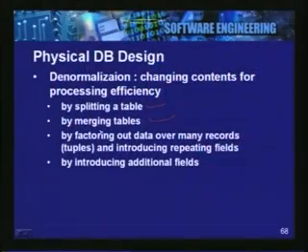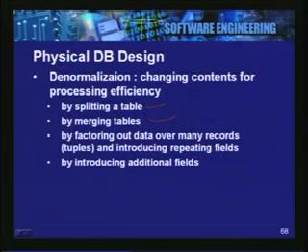So, we might look at splitting a table so that the data which is accessed by a transaction is kept minimum, or we may merge tables in case a transaction requires data from two or more tables. We may factor out data into a single record from multiple records, or we may introduce additional fields.